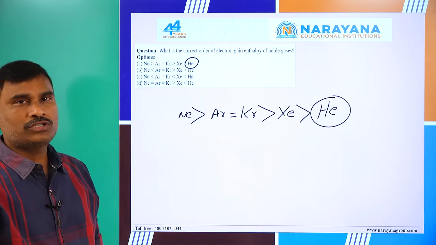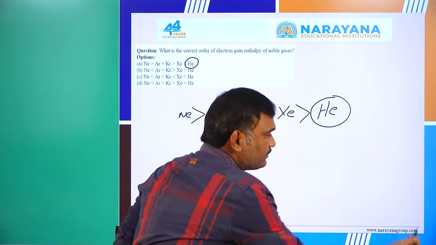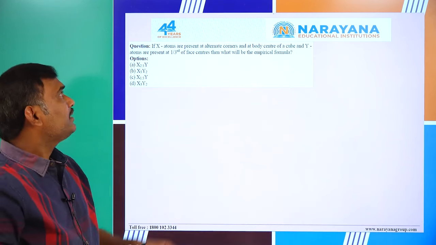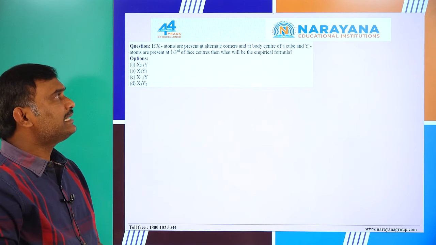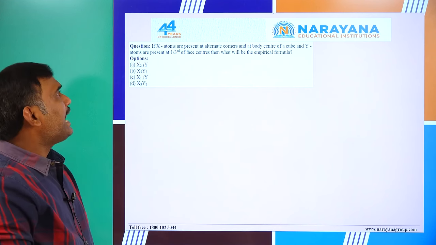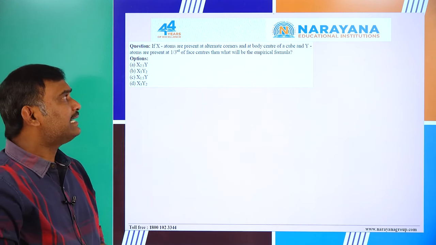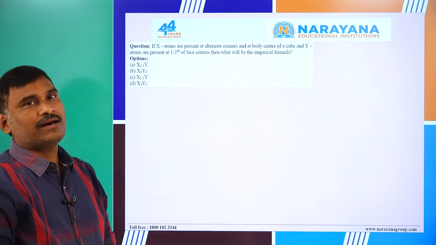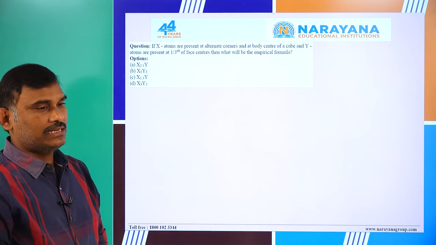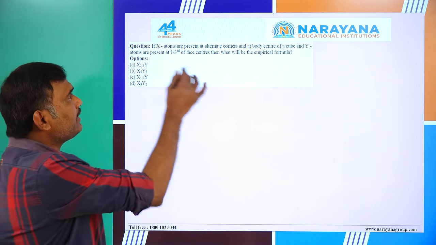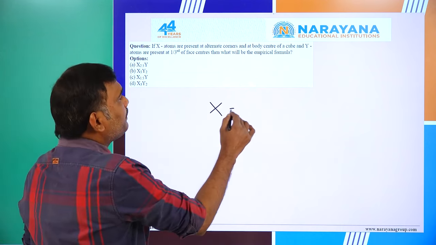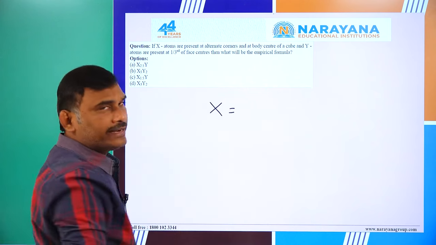This is one more question. Next question, students. If X atoms are present in alternative corners and at the body center, and Y atoms are present at 1/3 of the face centers, then what will be the empirical formula of the compound? Actually, students, here the question is based on solid state chemistry. X atoms are present at alternative corners.